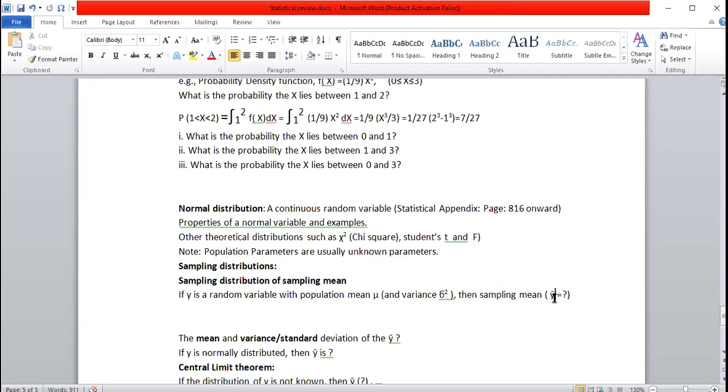Because we chose randomly, right? True, but you got only one number for a Y bar. I'm talking about these sample mean. How many values did you get for sample mean? One. Then how can it be a random variable?